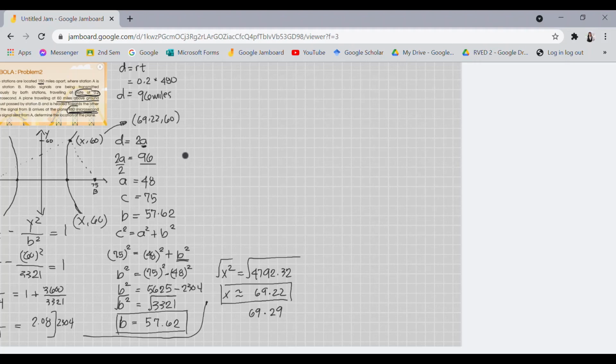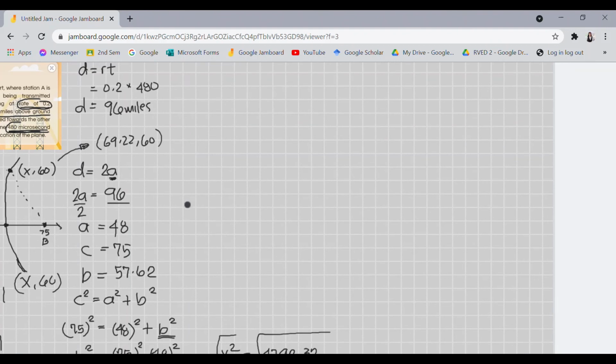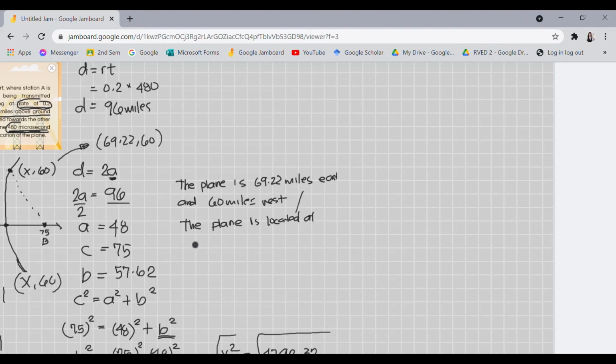So if we answer the problem, we'll be saying that the plane is 69.22 miles east and 60 miles west. Okay, or the plane is located at 69.22, 60.